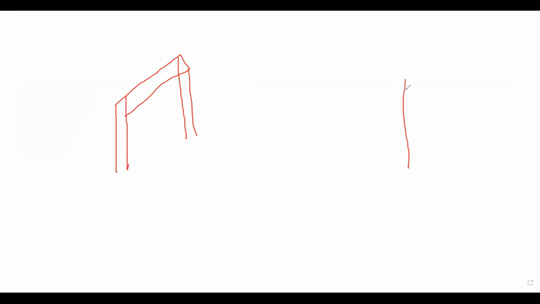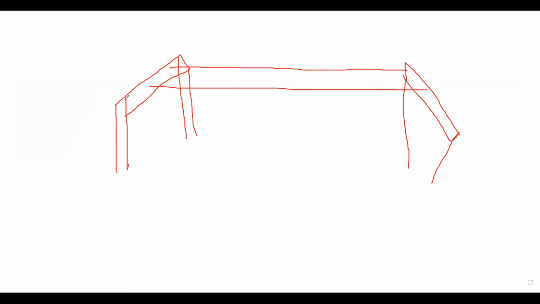This is my boom. Now, a conductor should connect between these two towers like this, R, Y, B.